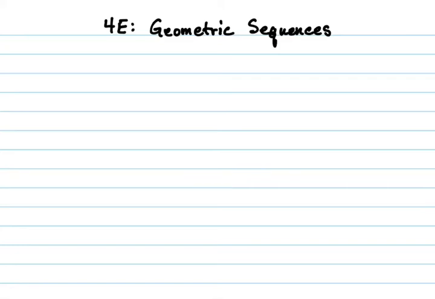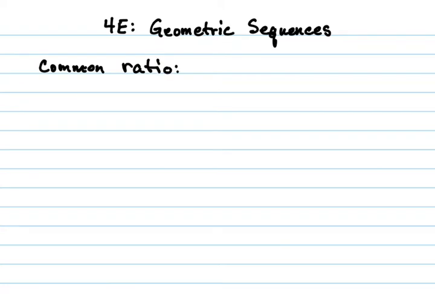All right, so today we're going to look at what are called geometric sequences. These are sequences where you're not looking for a common difference. What we're looking for here is a common ratio.